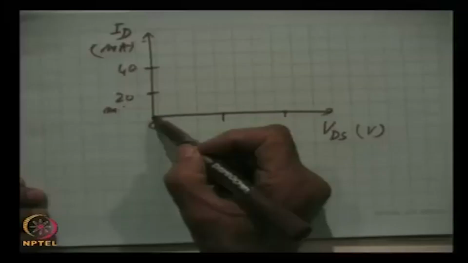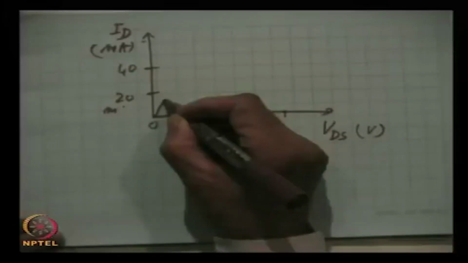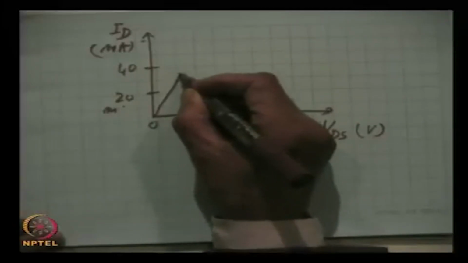So, now from 0, this voltage we are changing from 0. The drain current will increase and it will keep on increasing.